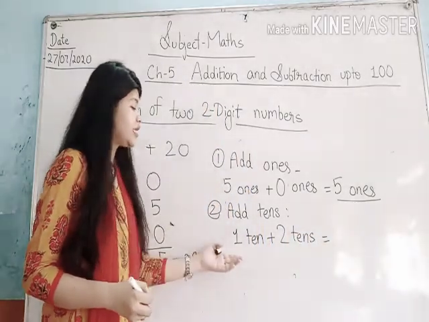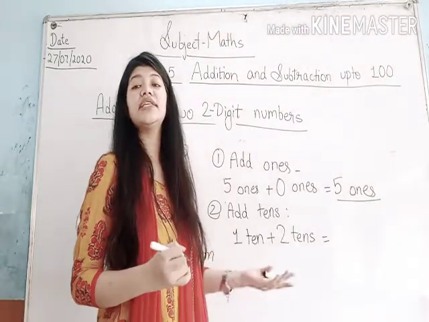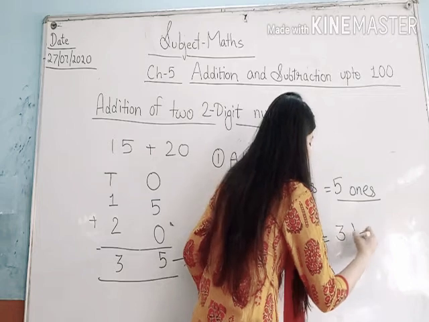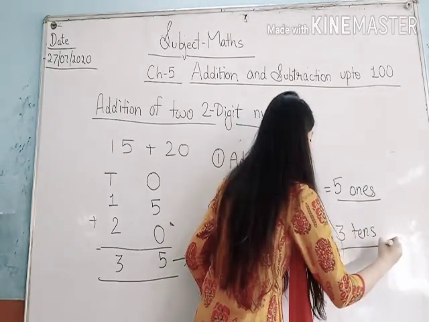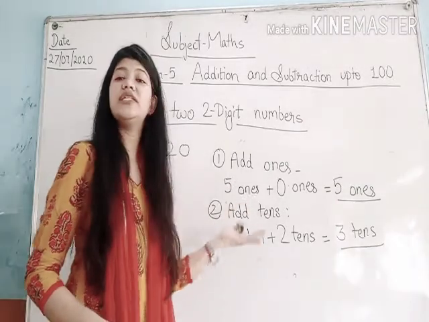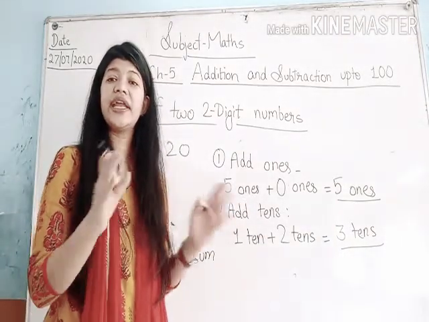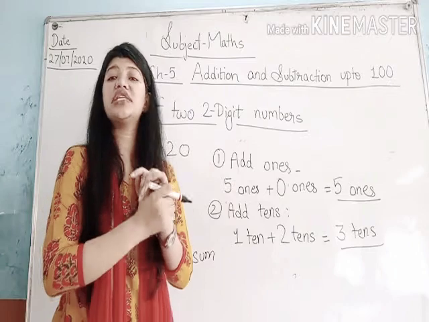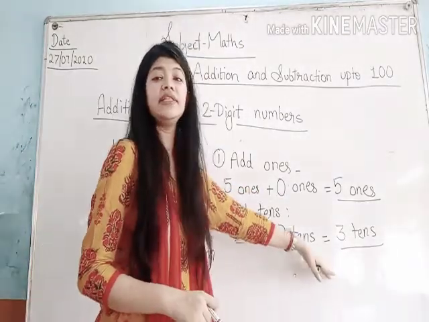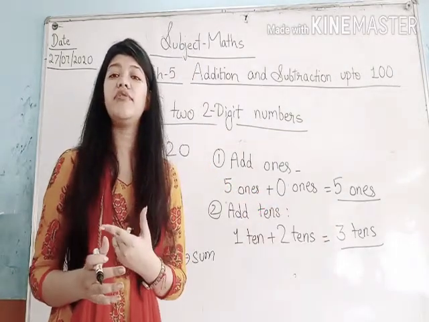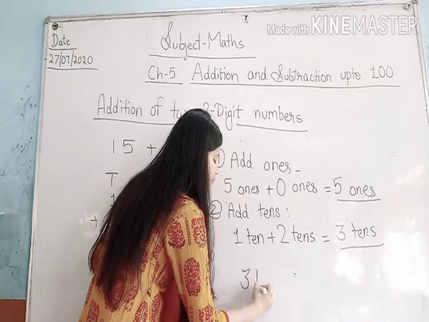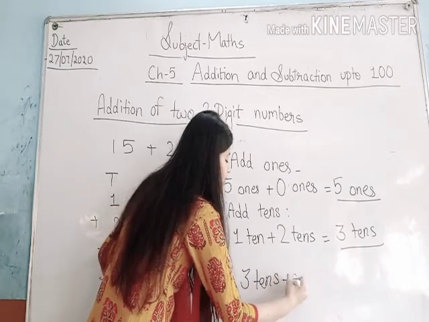So 1 ten plus 2 tens is equal to 3 tens. So we will write 3 tens over here. Now see students, we have added ones and tens separately. Now we have to find out the sum. So how will we add 3 tens plus 5 ones? Then we will get the sum. So 3 tens plus 5 ones.